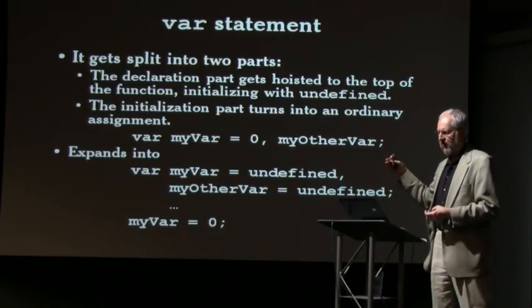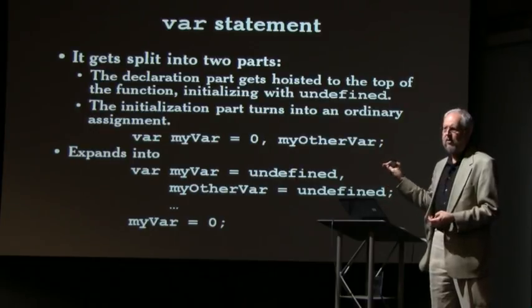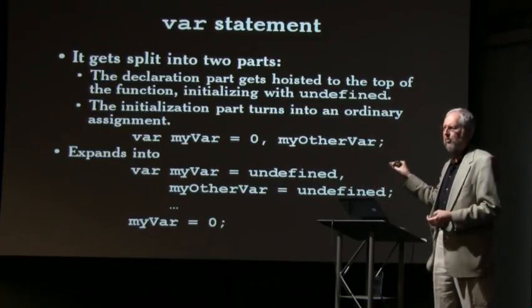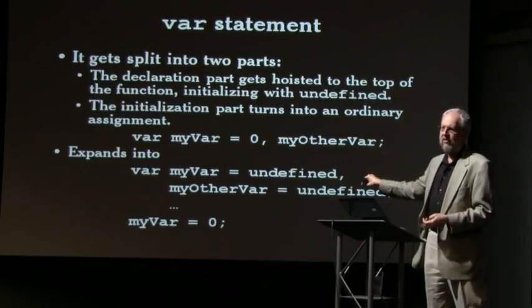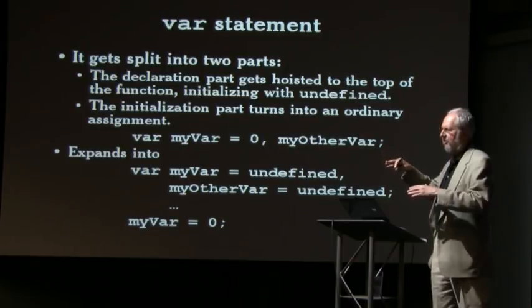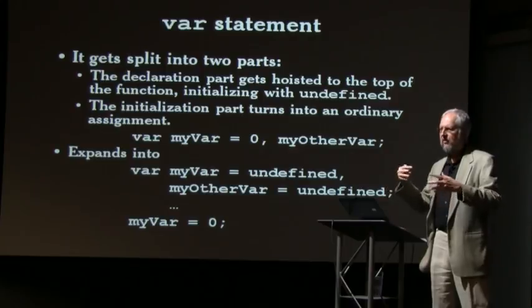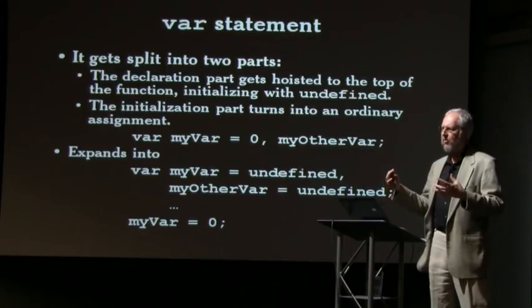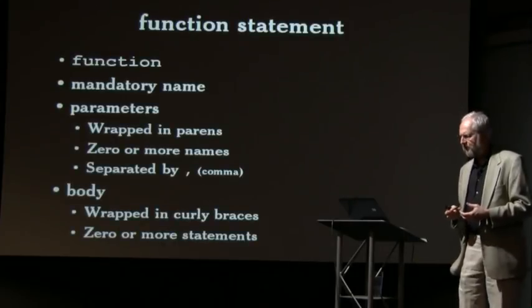What that does is, at the top of the function, it defines my var and my other var and sets them both to undefined. Then at the point in the function where the original var statement was, we have an assignment statement. So the separation and the hoisting operation changes the way you might think of the scoping of variable names.